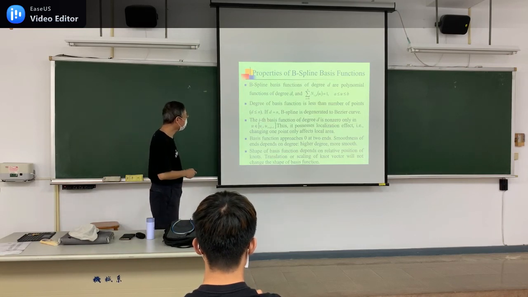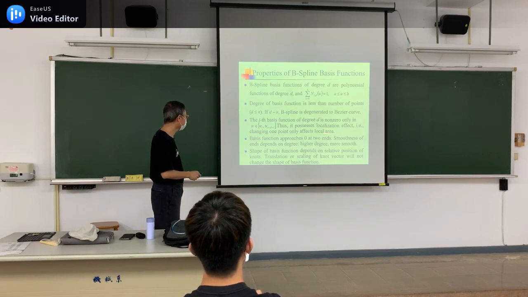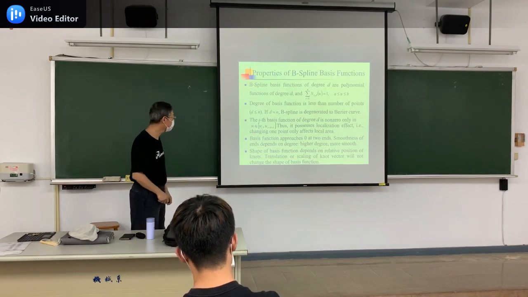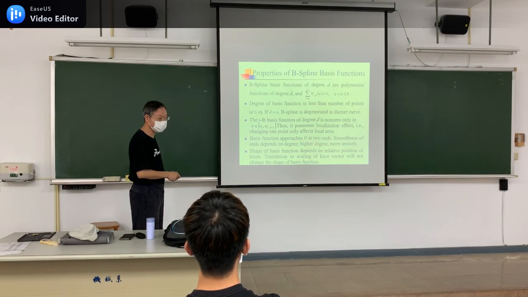And the basis function of degree D is non-zero only in this interval. So if we change one control point, it only affects the local area. The basis functions approach zero at the end. The smoothness at the endpoint depends on the degree: higher degree, more smooth.